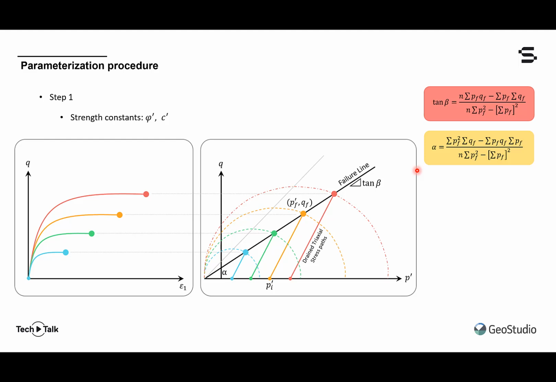Now with that done, the effective friction angle and the effective cohesion can be found by changing the coordinate space back to a shear normal stress space. Now that requires some mathematical gymnastics, and so for all intents and purposes, all we need to know is that once we have beta and alpha, we simply apply these formulas to get our two strength constants.